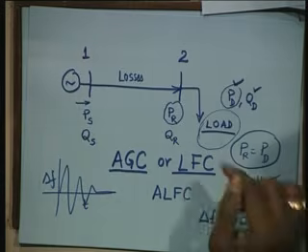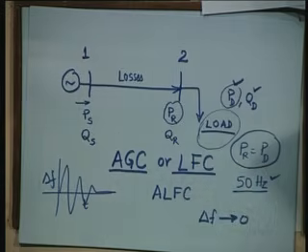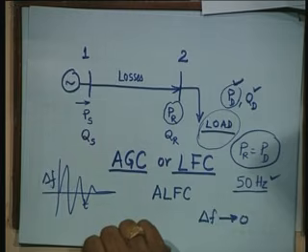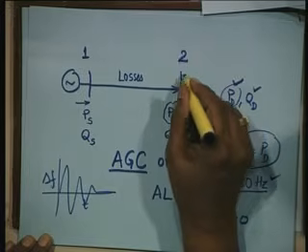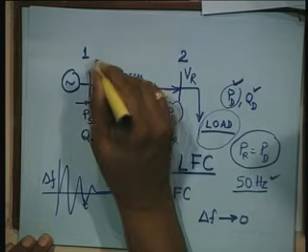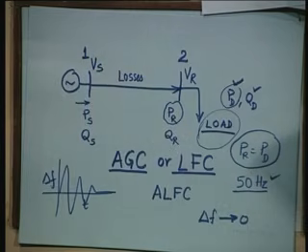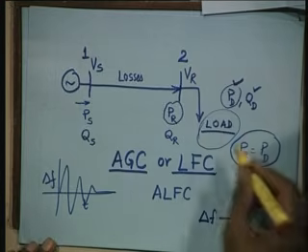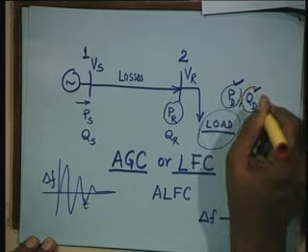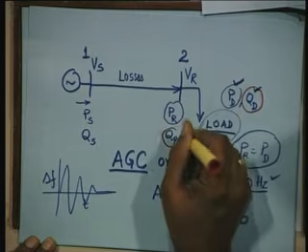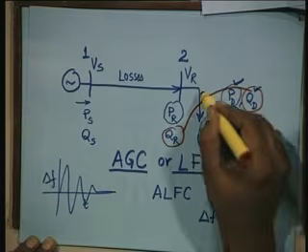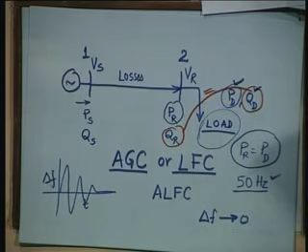But there is another fellow sitting here, Q. We have not talked about Q at all. Q means voltage control, VR and VS. Whatever is QD here, let me change the color of the pen, whatever is QD here, if you can supply QR, no problem, no voltage problem, like no frequency problem there.